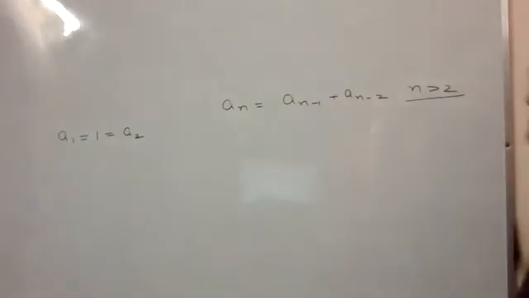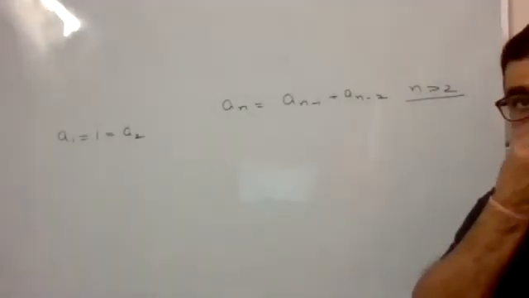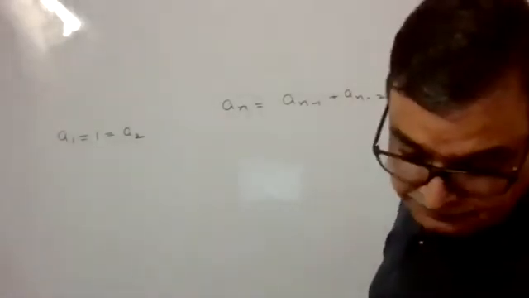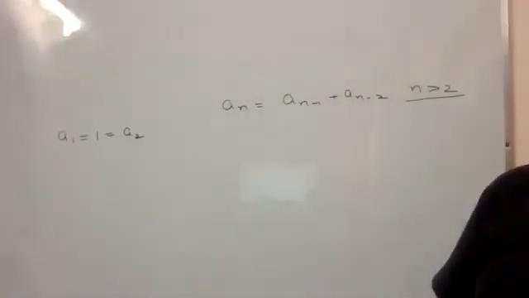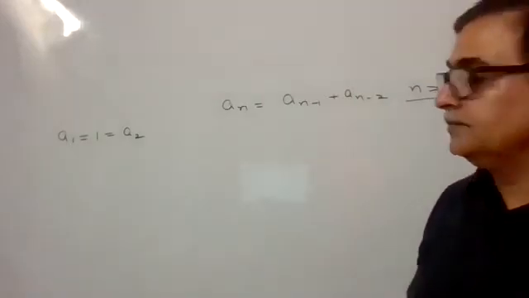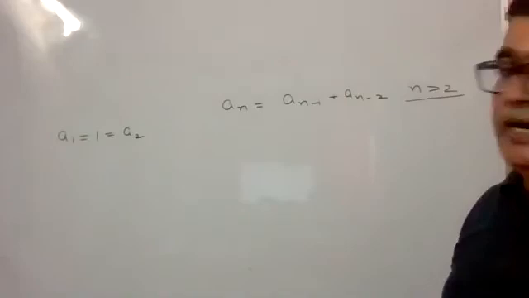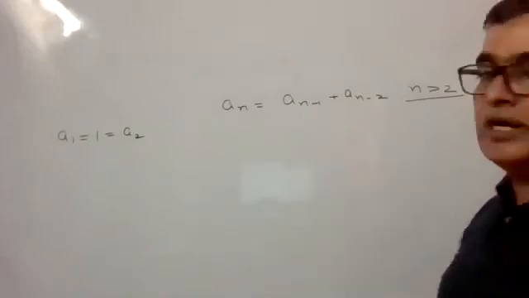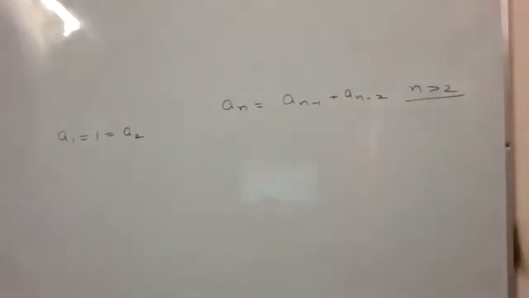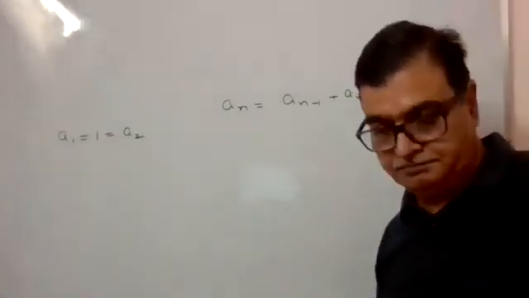So a1 is equal to a2 is equal to 1 we have, and an is an minus 1 plus an minus 2 where n is greater than 2.